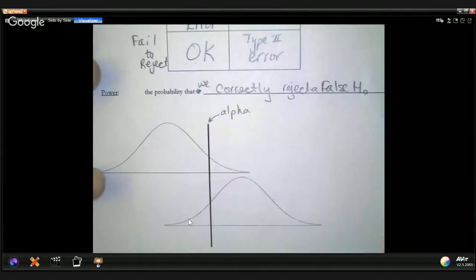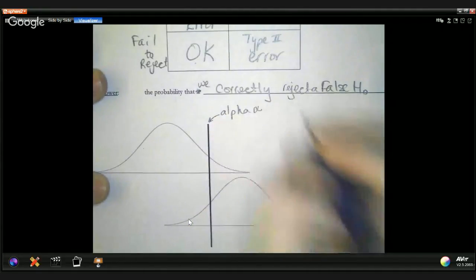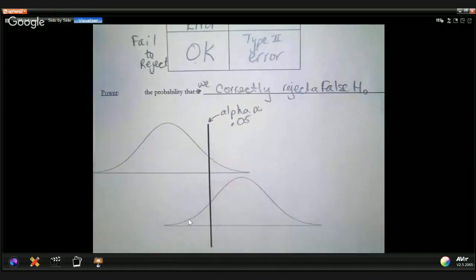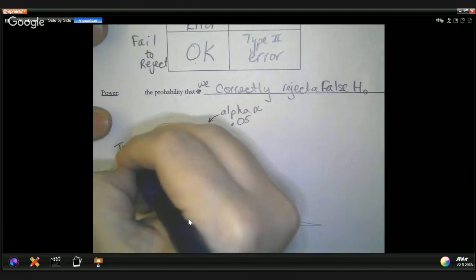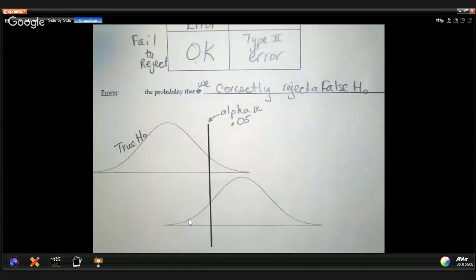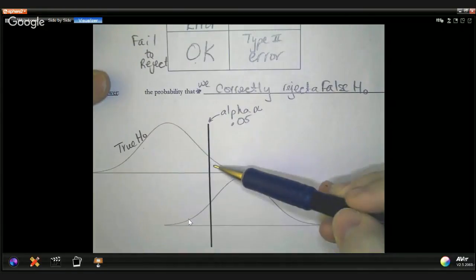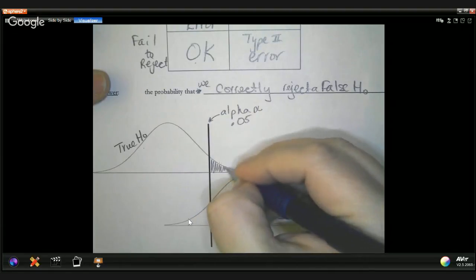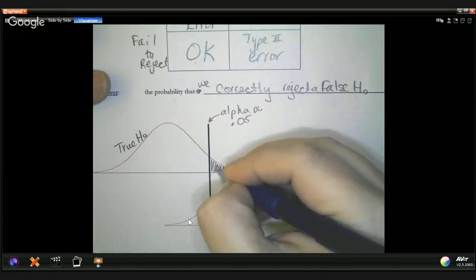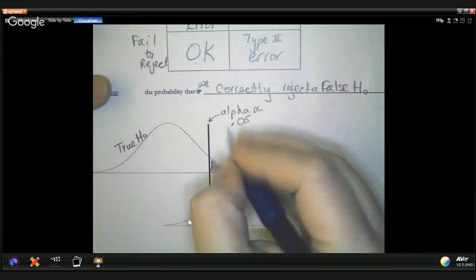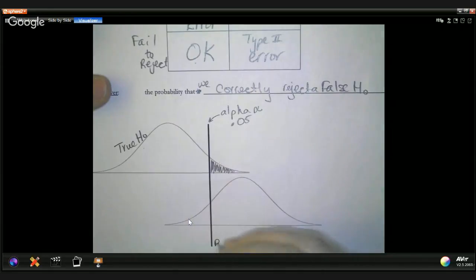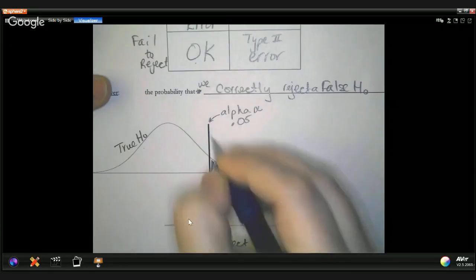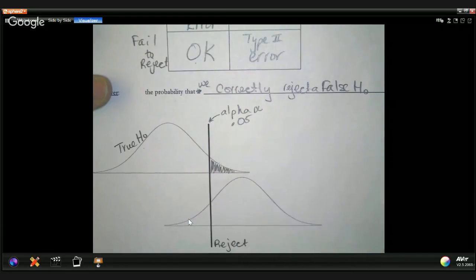At the beginning, let's say we selected our alpha level to be 0.05. If our p-value ends up over here, this is where we're supposed to reject it, right? Anything smaller than 0.05, we're supposed to reject. So this is the reject side.